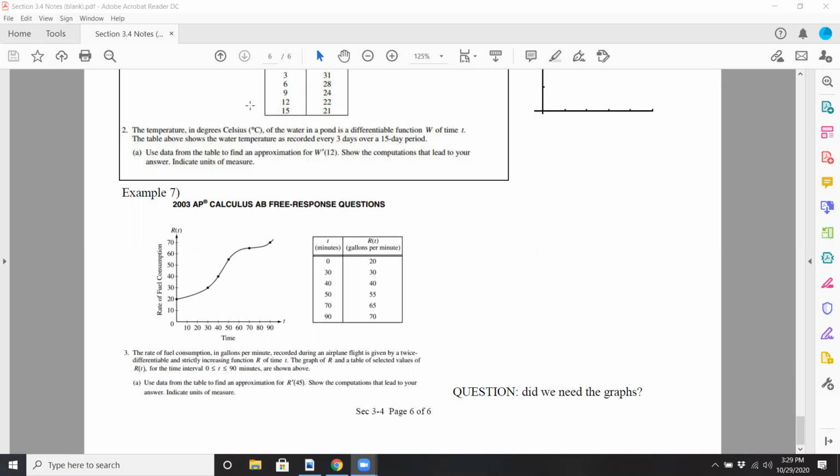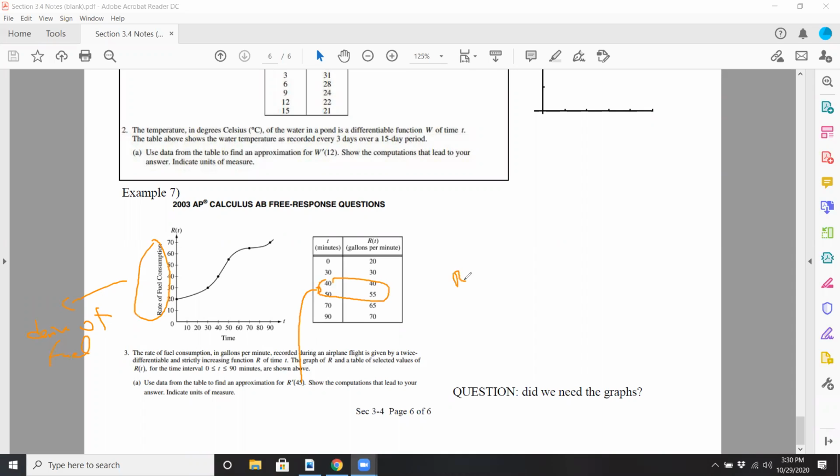So what's happening is that R is already a derivative. You can think of that as a derivative of fuel, right? So R'(t) is kind of like a second derivative. That's why I said twice differentiable, in case you're curious. But regardless, 45 is in between 40 and 50 here. So I'll do a secant line.